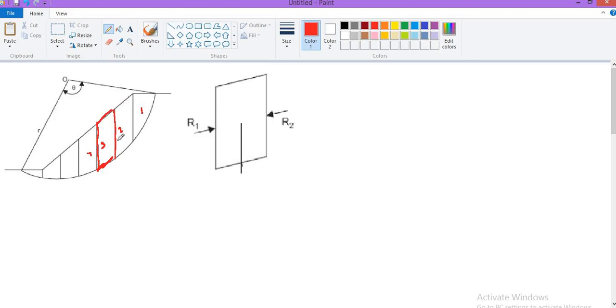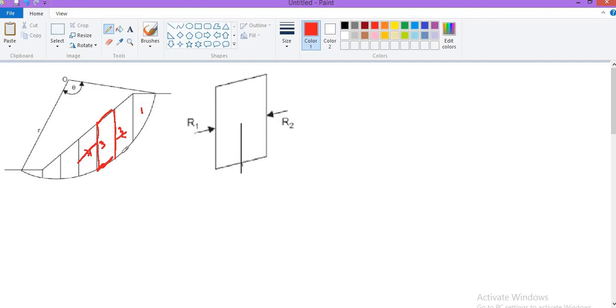Now if we find out the forces acting on this slice, you can see that there are two reactions from both sides. This is the enlarged version of this slice.